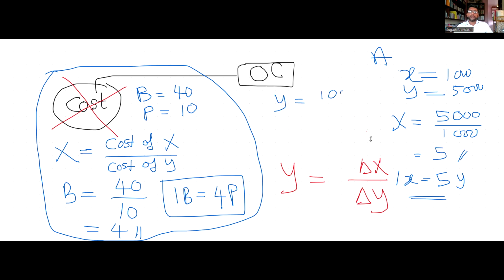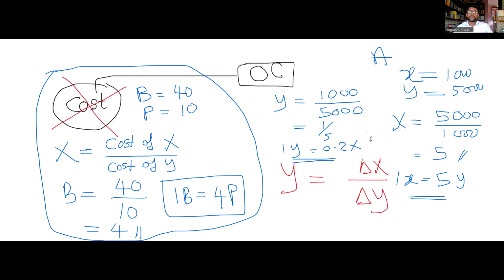Increase Y quantity, 5,000. So 1 over 5, or you can say 0.2. 1Y equals 0.2X. This is your opportunity cost. I hope you understood the concept.